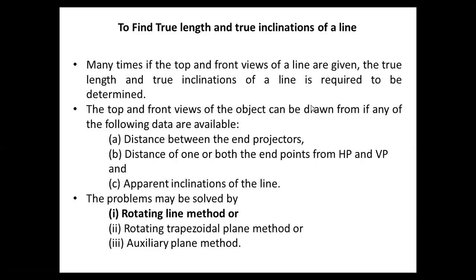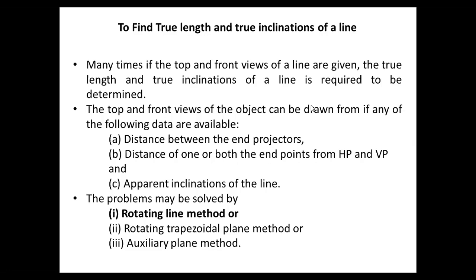When the line is parallel to any plane. Yes, say for example VP. If that line becomes parallel to VP, then VP gives us the front view, so in the front view, in that rotated position, we'll get the true length. The same happens if the line becomes parallel to HP: we'll get the true length in the top view.